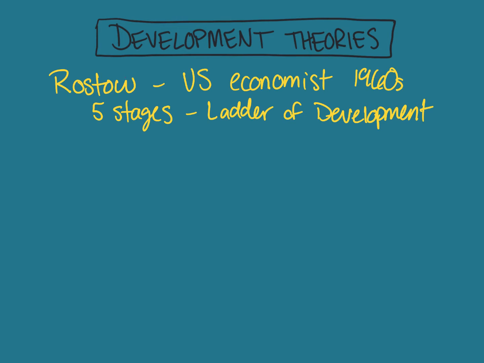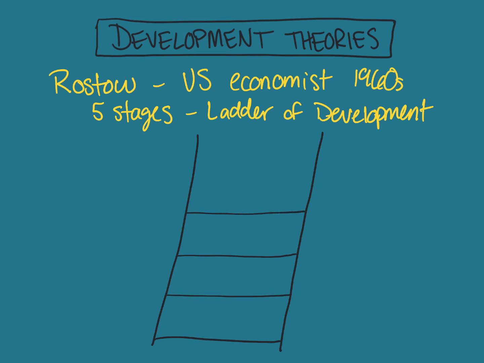The ladder of development. I'm going to draw a ladder on my page so that we can see it. With this ladder, the thought process was the higher you go up the ladder, the more developed you get.